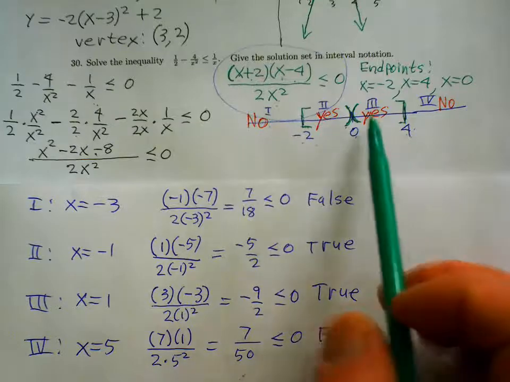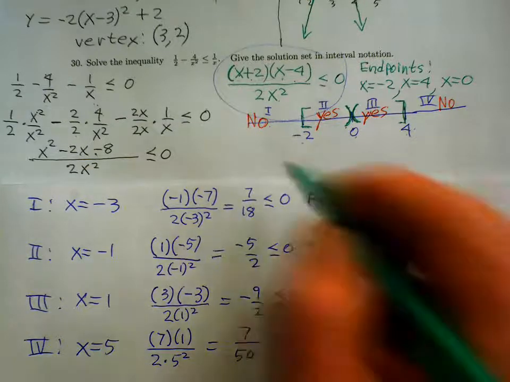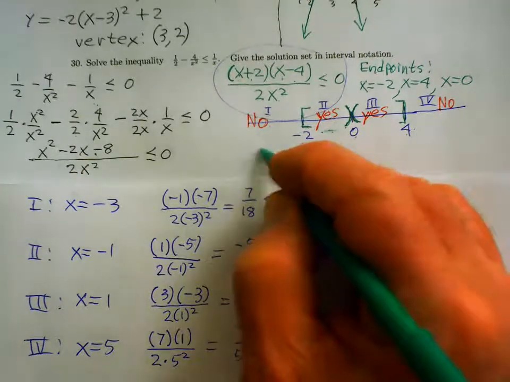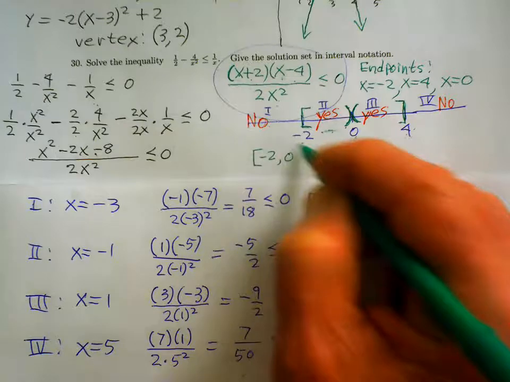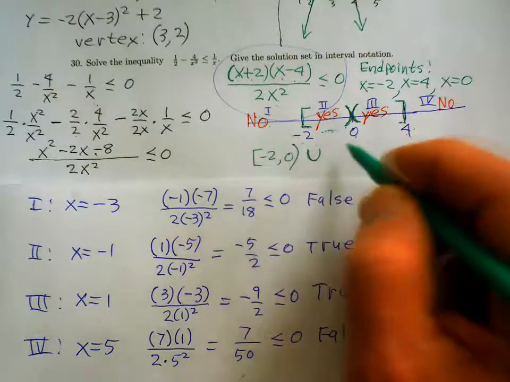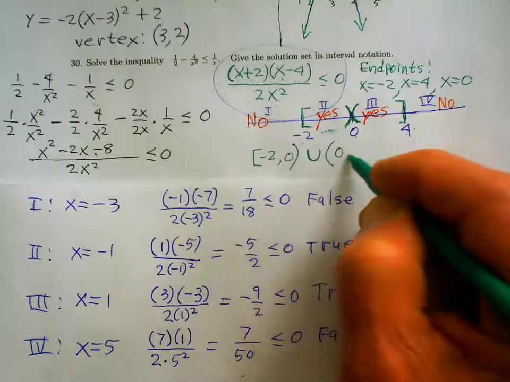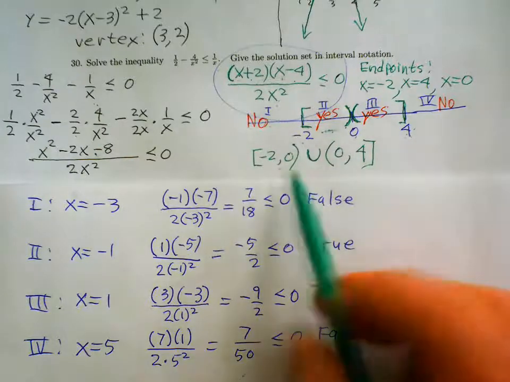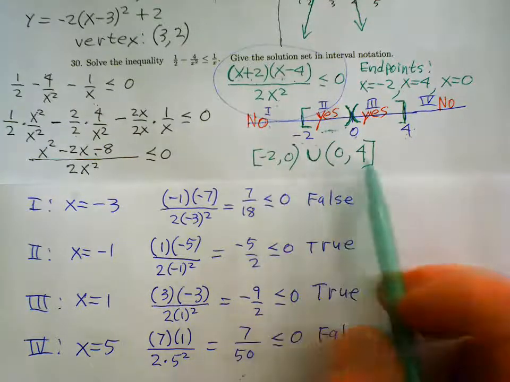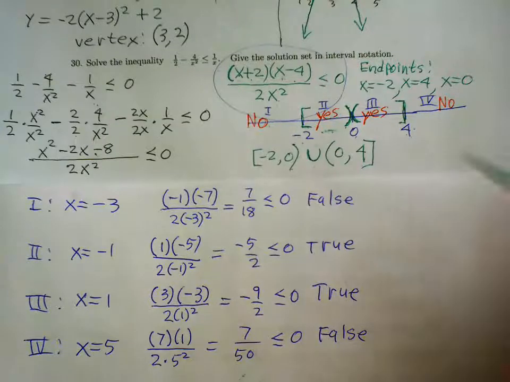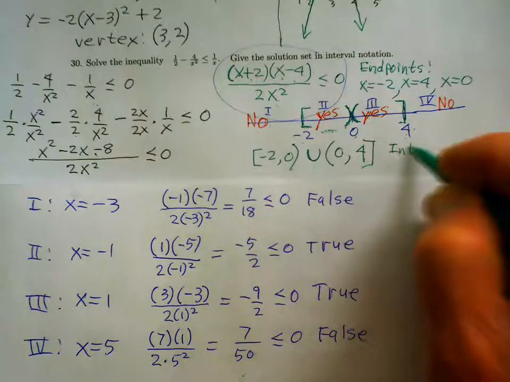So the interval notation, well, this interval on the left, bracket -2, 0, parenthesis, and then we use the union symbol, parenthesis 0, comma 4 bracket. The only number excluded between -2 and 4 is 0, so we need to have a union to show that 0 is excluded. So that's the interval notation.